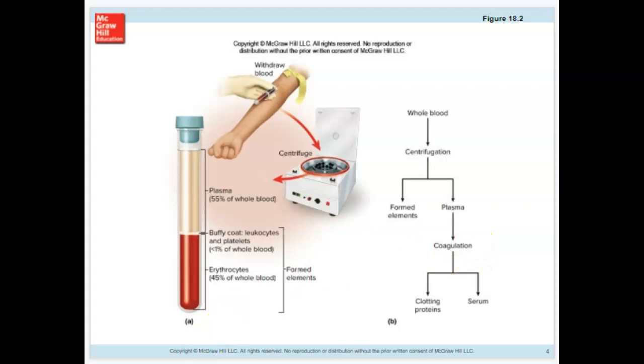Besides proteins, we have some nitrogenous compounds, some free amino acids from the diet, if we're eating a lot of proteins, and some wastes, such as urea, which is the most abundant waste from protein metabolism. We have some nutrients as well that could be in plasma.